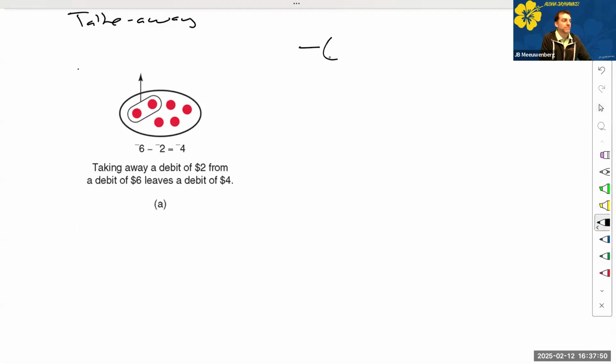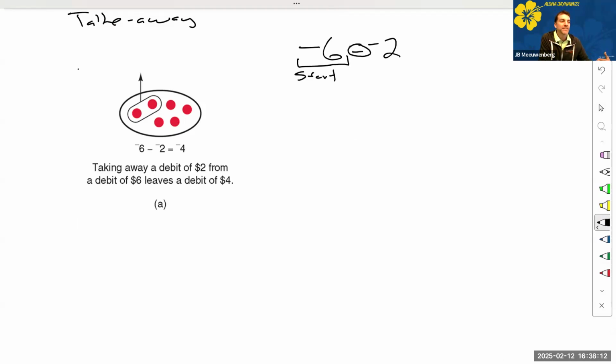-6 minus -2. And so get your chips out. You're going to lay out a set of 6 negatives. That's the -6. That's our starting point. We start with that many.